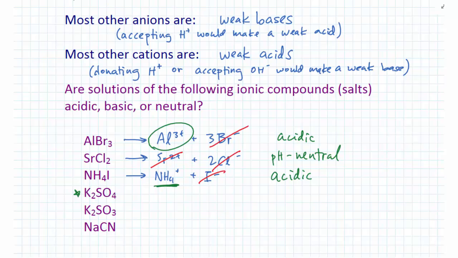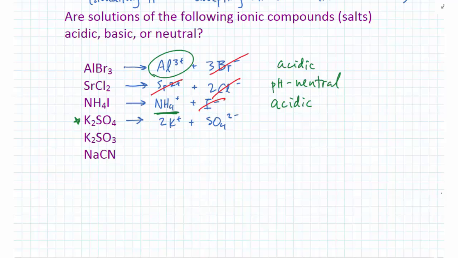All right, let's look at this one. So essentially 2K plus and sulfate. Now is our chance to talk about sulfate, because H2SO4 is a what? Strong diprotic acid, which means it will go with a full forward arrow, but not at losing both protons, it turns out.